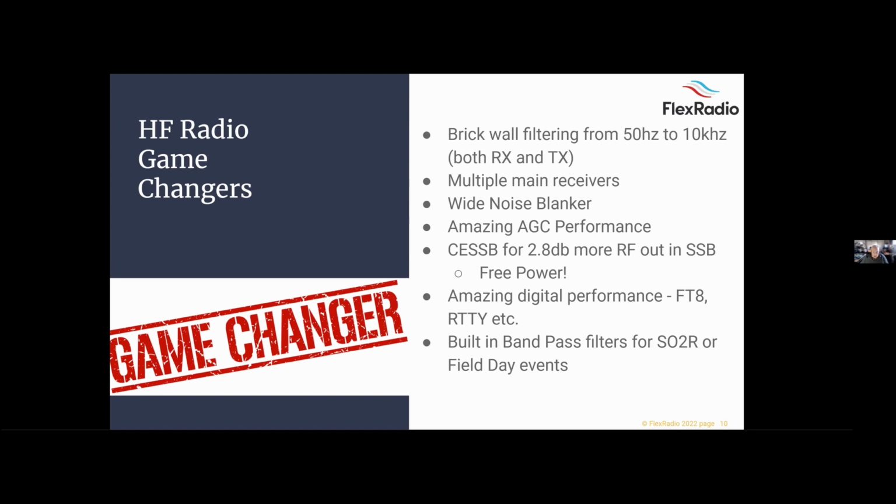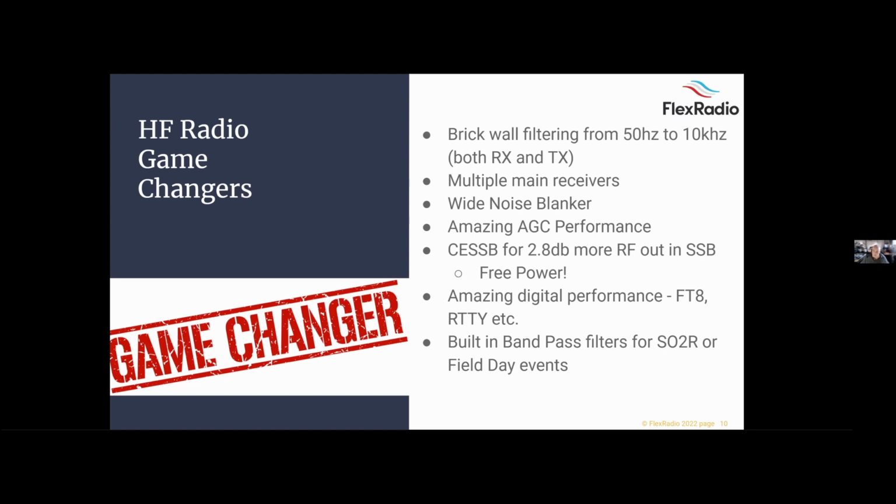We can digitally manipulate the signal and do literally brick wall filters from anywhere from 50 hertz wide up to 10 kilohertz and beyond, actually, for both RX and TX. So you get 90 dB, 80 dB worth of filtering, and it is straight up and down on a specific frequency. So it literally is a brick wall.